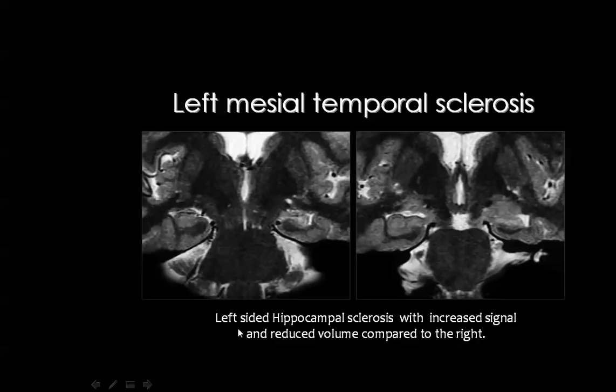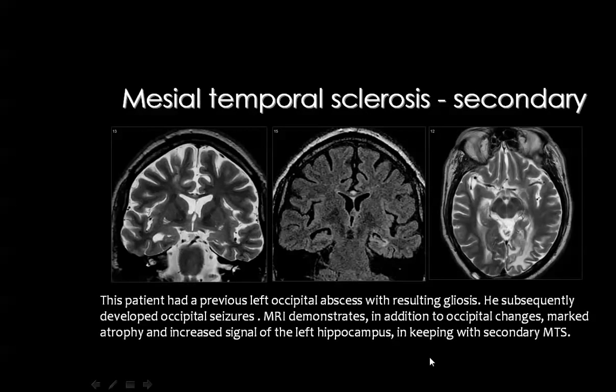Then this is the left-sided hippocampal sclerosis, and you can see the small volume of the hippocampus compared to the opposite side, and the relative increase in the signal compared also to the right side.